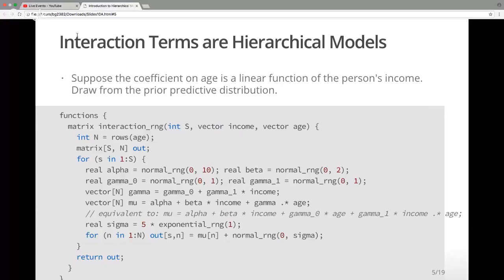But the thing that I was trying to get you to see here is that this construction of gamma, where everyone has their own coefficient on age, is equivalent just by multiplication to what you usually see when people do models with interaction terms, where they have income, age, and the product of income times age.